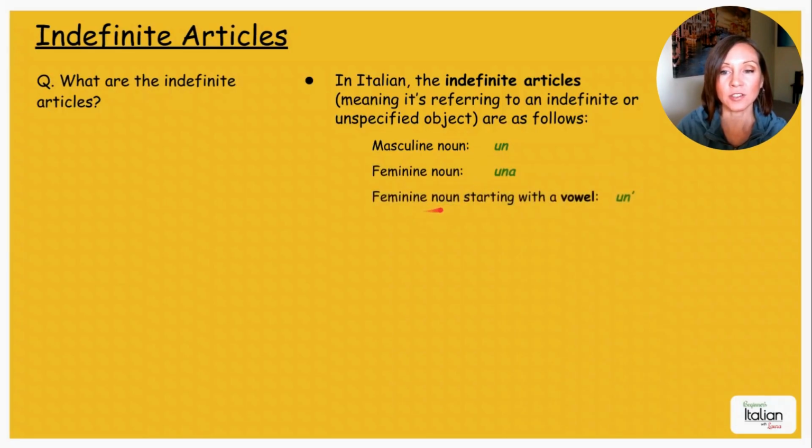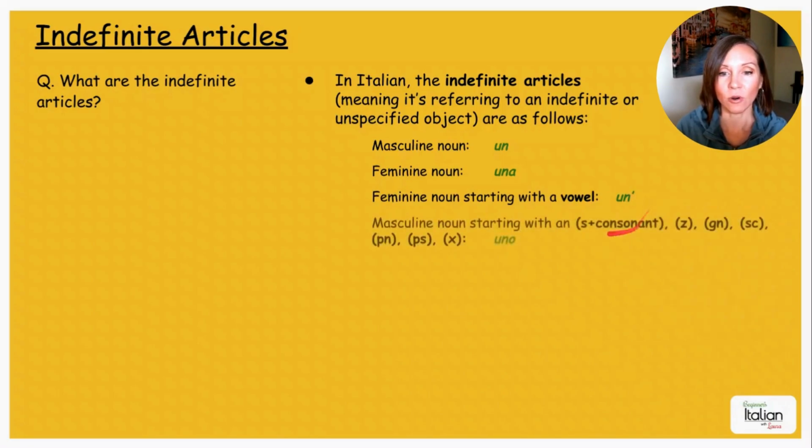For a feminine noun starting with a vowel, we use un plus an apostrophe. Okay, un plus an apostrophe. And for masculine nouns starting with an S plus consonant, Z, GN, SC, PN, PS, or X, we use uno. Okay, uno. That's kind of reminiscent of the definite article lo. Okay, it ends with an O.